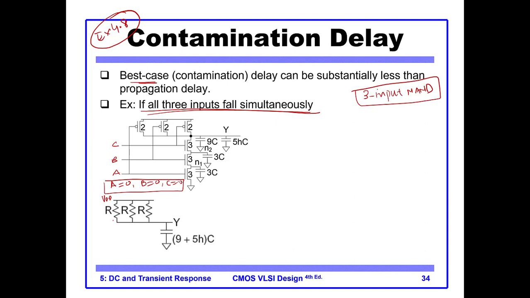This is one PMOS through R, another PMOS through R, another PMOS through R. So these three resistances are in parallel, okay, and basically if you calculate the equivalent resistance, it will be R by 3, and you see that the supply is strongly driving the output.